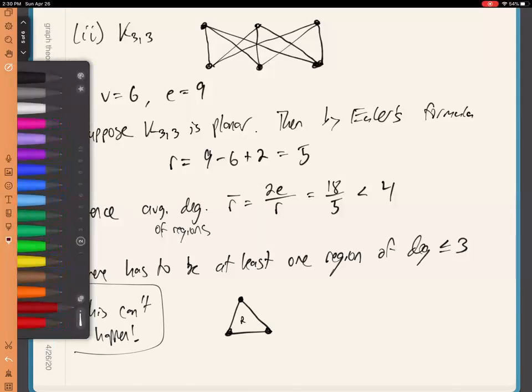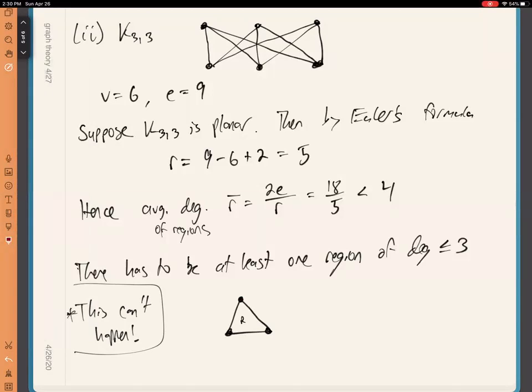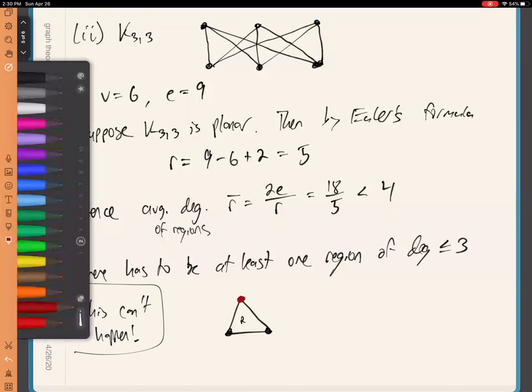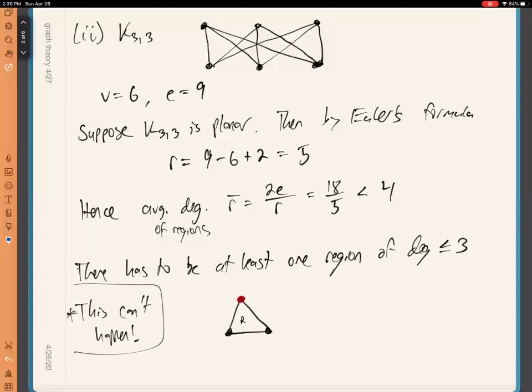But let's suppose we had something like this, and let's look at a coloring, right? So if I color this vertex red, well, remember this graph is bipartite, so the red can't be connected to another red. So this vertex has to be blue, and then also this one has to be blue. But then I have two blue vertices which are forced to be connected to each other, and so this is not bipartite.